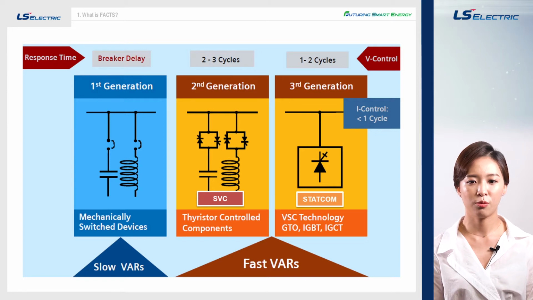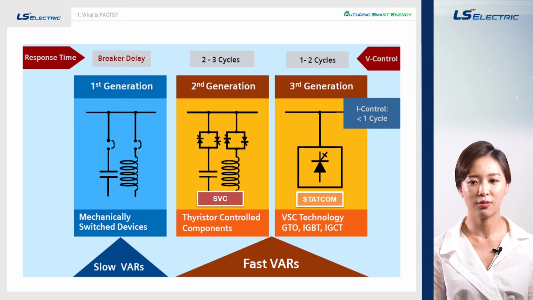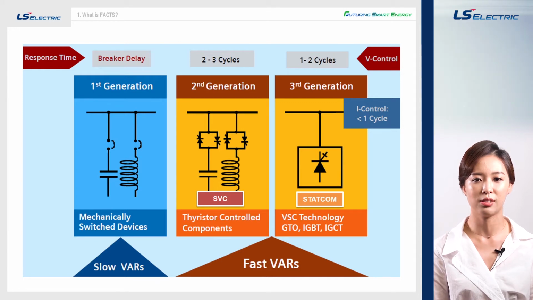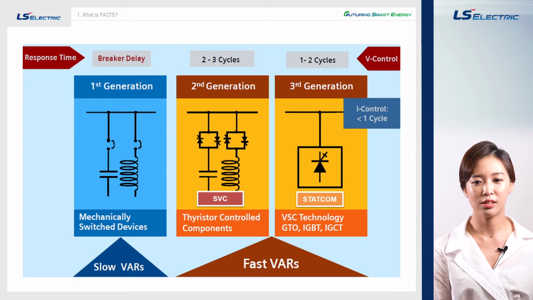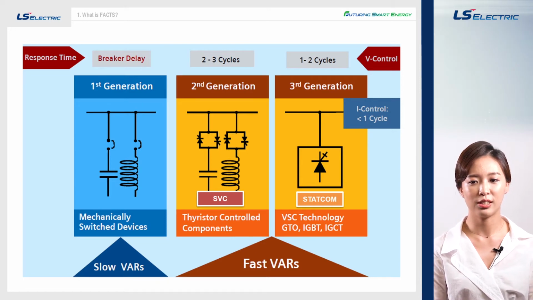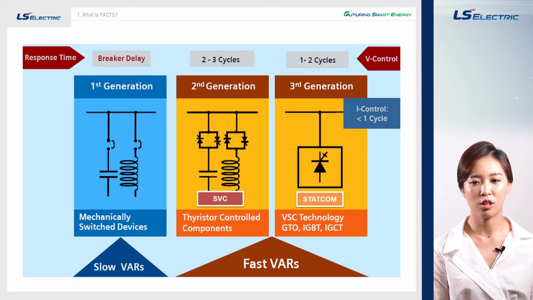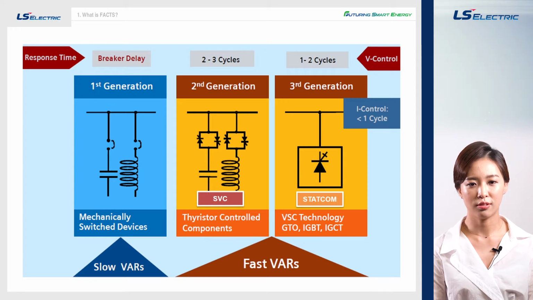In order to improve this point, these mechanical devices have been replaced with power semiconductors in the second and third generation. Second generation system, which is also called SVC, uses thyristor components, and STATCOM, third generation, uses IGBT. So the response time of second generation FACT is 2 to 3 cycles, and third generation is only 1 to 2 cycles.